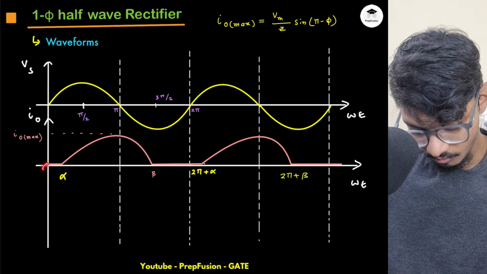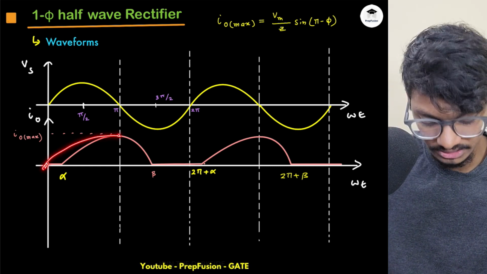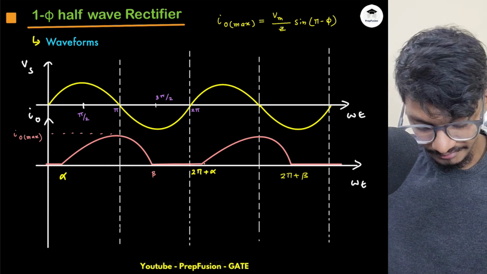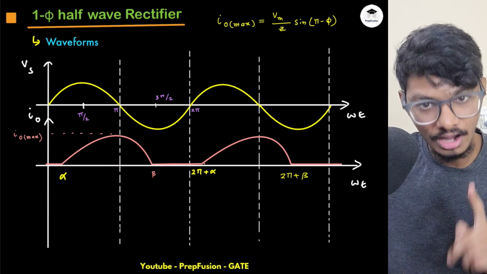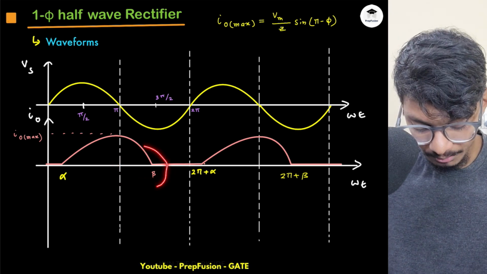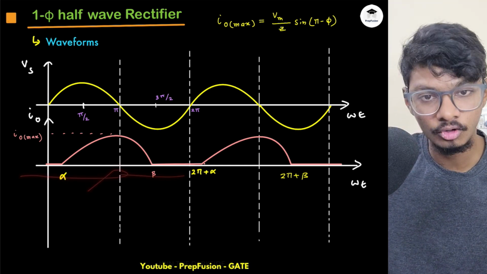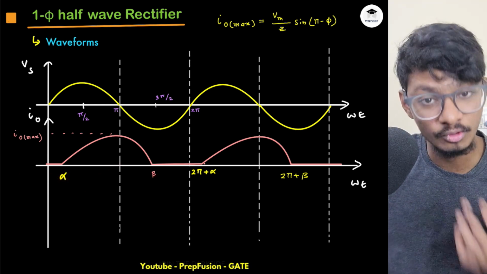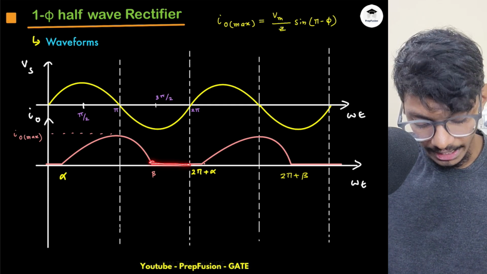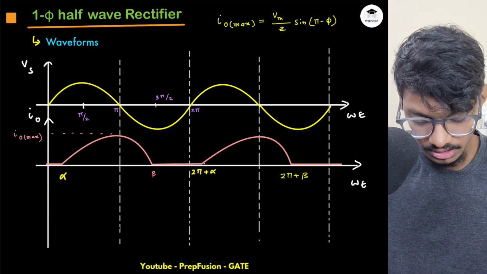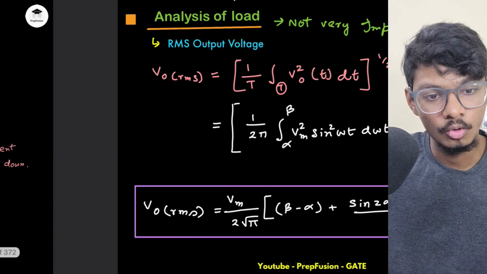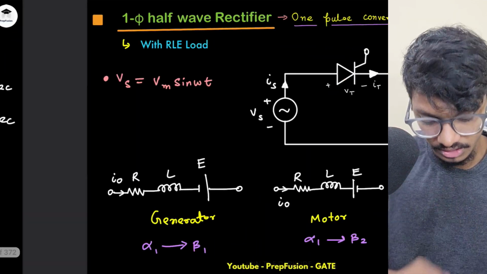You might say, sir, whatever it has energized, it will de-energize within the same period. No, I have specifically proven that the discharging time will always be less than the charging time, so it will discharge faster. Hence, for some period of time the current will be 0, and load current won't be continuous.